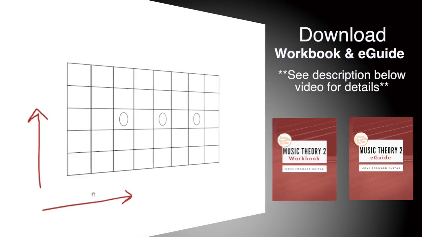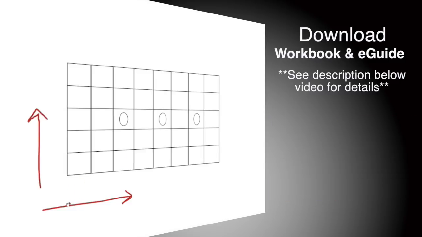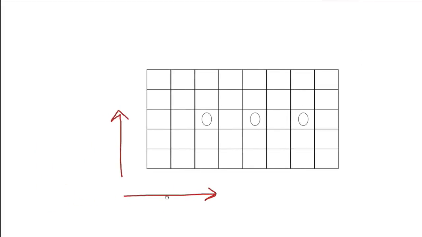So what happens is you end up with notes that have the same names but are different pitches, but you also end up with notes with the same name and the same pitch, just on different strings. So that can get confusing, and it's confusing that you can go up in pitch going this way, but you can also go up in pitch going this way. So it just takes understanding what's going on, and understanding the intervals between the strings is really important for that. It's a really important building block.